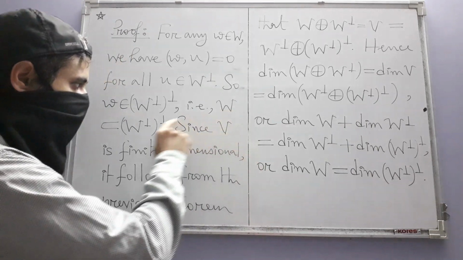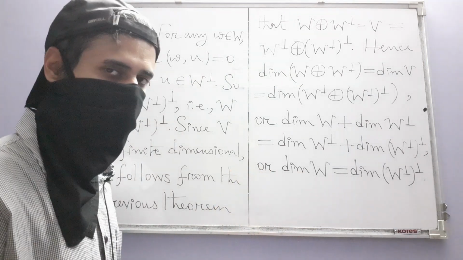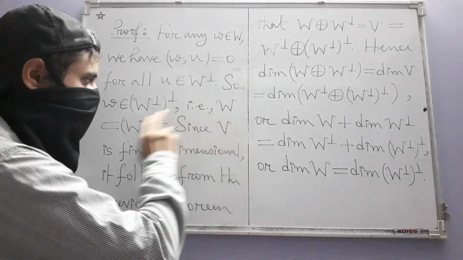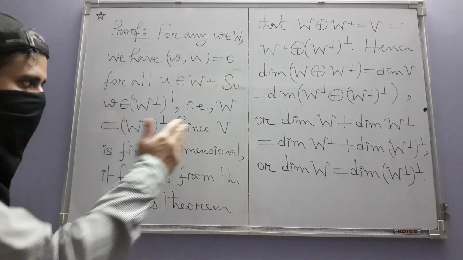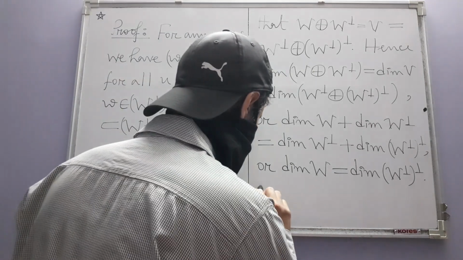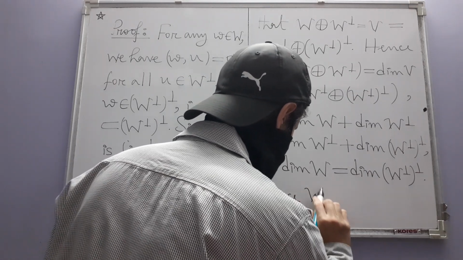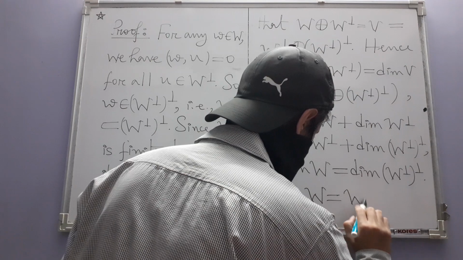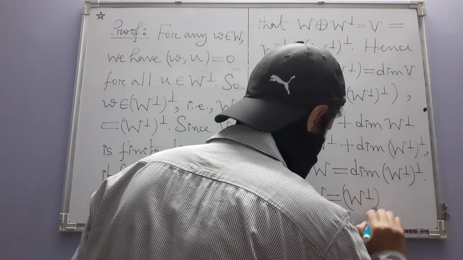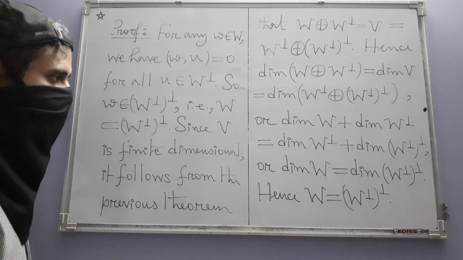So if you have a containment relation like this, but the dimensions are equal, then this one cannot be a proper subspace of this. They two have to be identical. Hence, W must be equal to the orthogonal complement of its orthogonal complement, and that completes the proof.